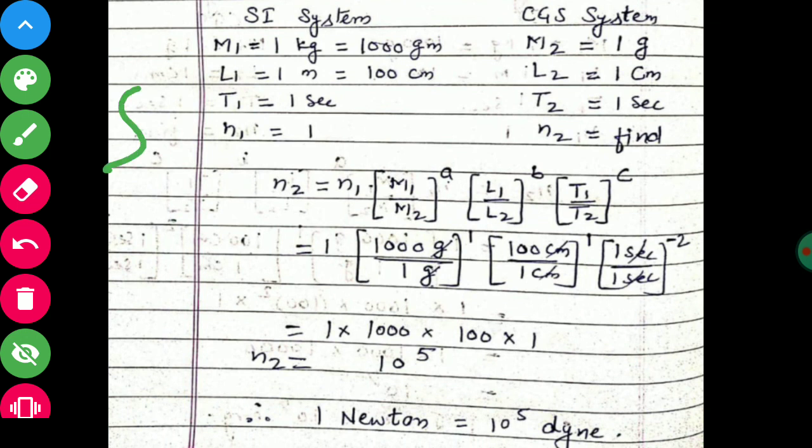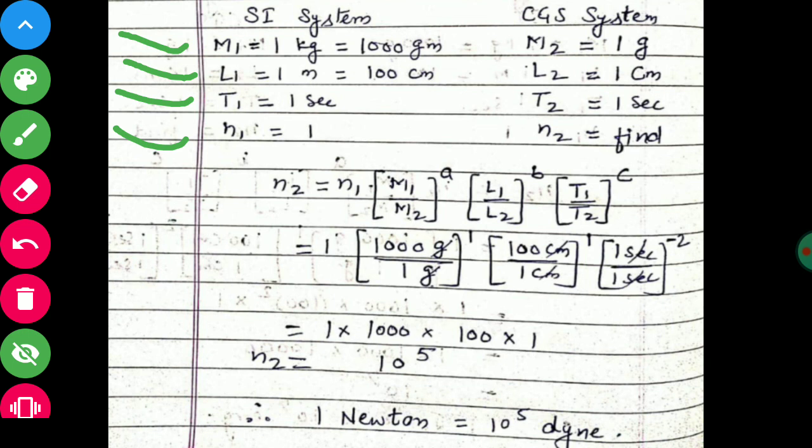Now the second step is to go from one system to another. Our first system here is the SI system, and we have to convert into the second system, which is CGS. Now mass, length, time and numerical factor in the first system: M1 equals 1 kilogram, and in the CGS system, 1 kilogram is equal to 1000 gram.